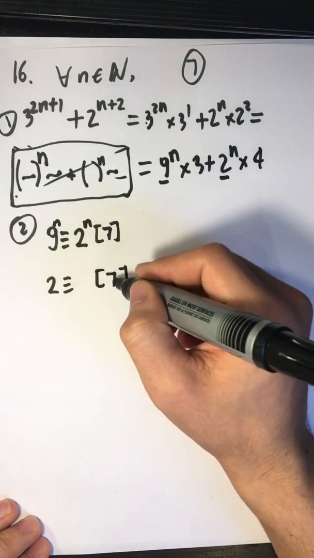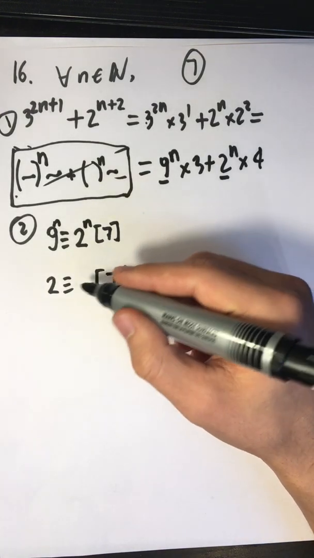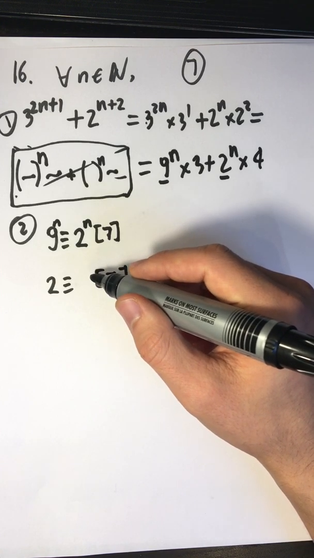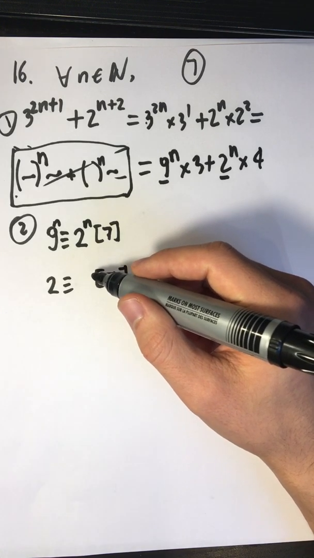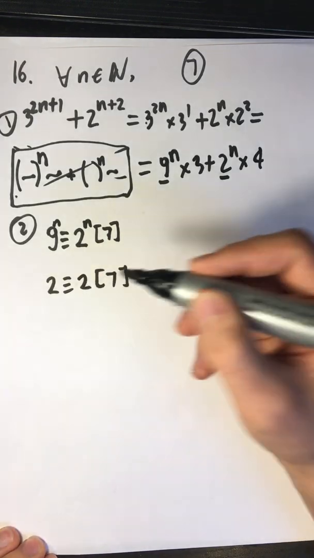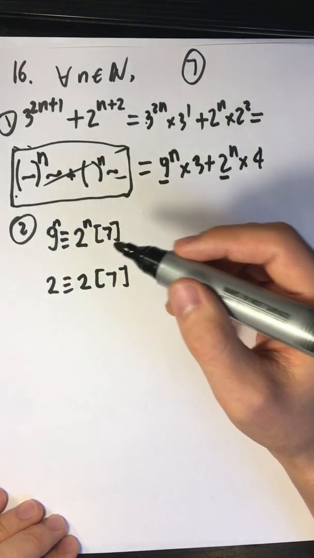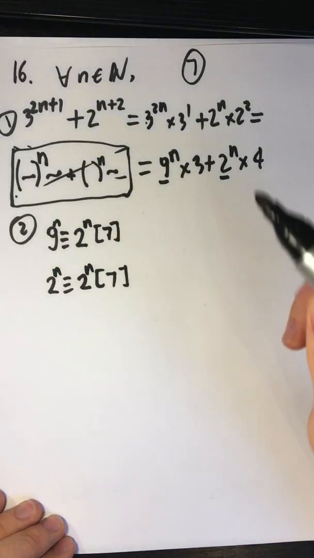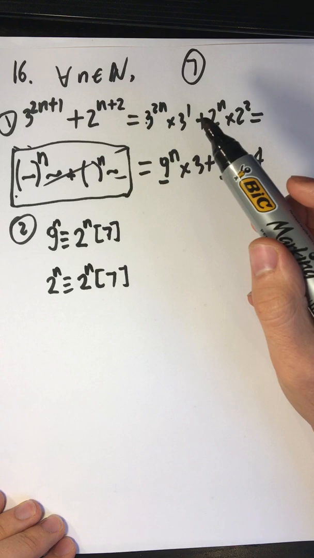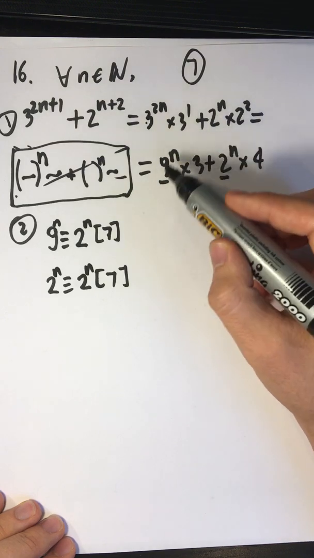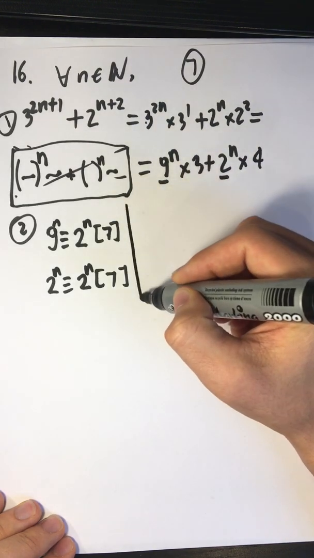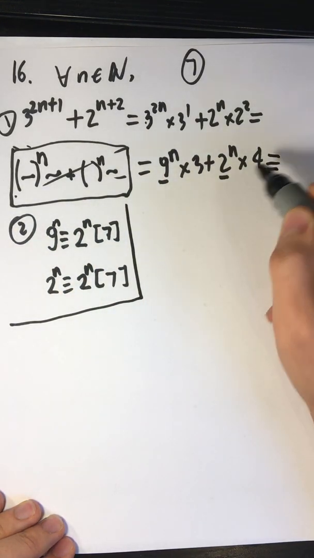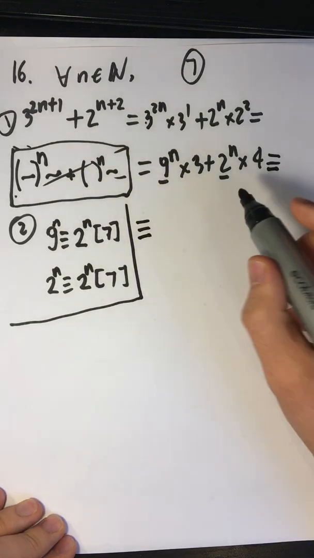Okay, and now I take 2 mod 7. You divide 2 by 7, and then the quotient is 0, and the remainder is 2. Now I use the same formula, and then I write 2 to the n. Okay, this is the explanation, and from here I can continue, writing mod 7 at the end.